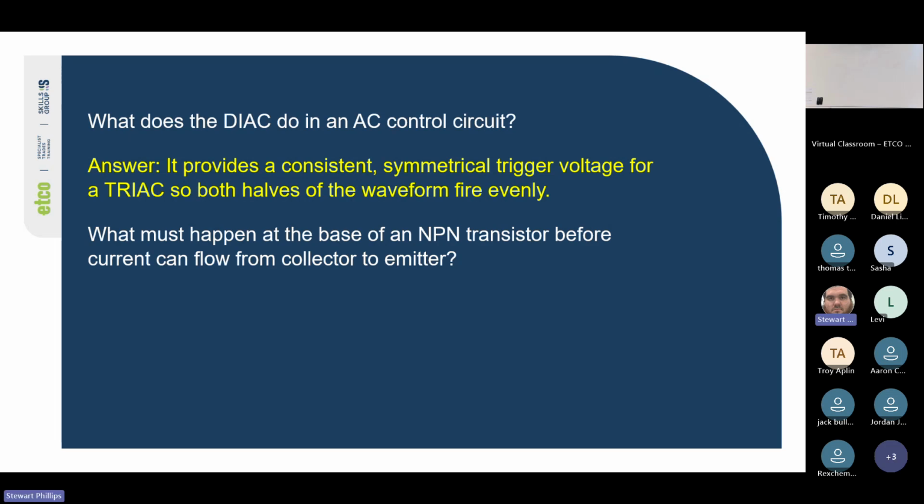Cool. What must happen at the base of the NPN transistor before current can flow from collector to emitter?